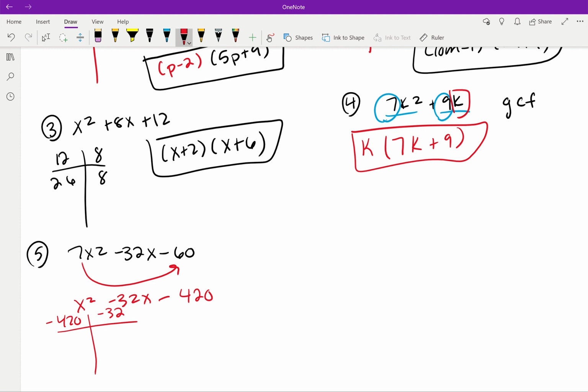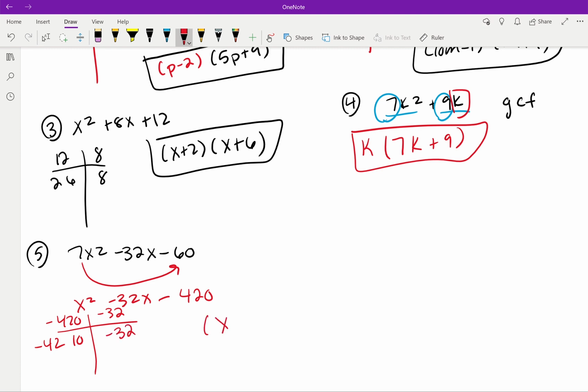So let's see what that would be. I think it's 40. Yeah. So negative 42 and 10 will multiply to negative 420, and negative 42 plus 10 will give us negative 32.